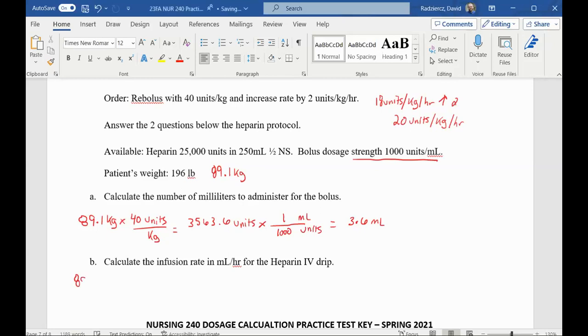So 89.1, 20 units per kilogram per hour. So 89.1 times 20 gives me 1,782 units per hour.